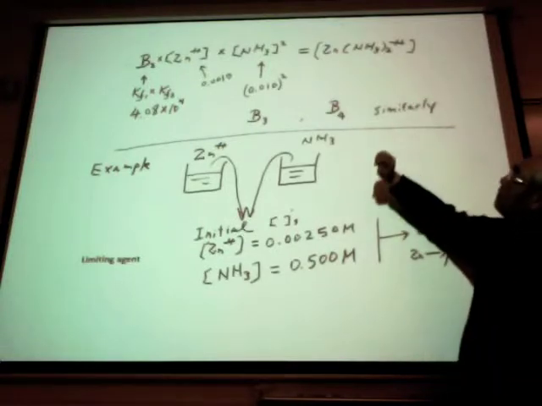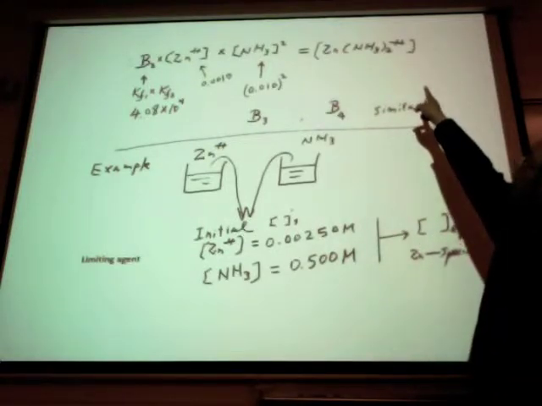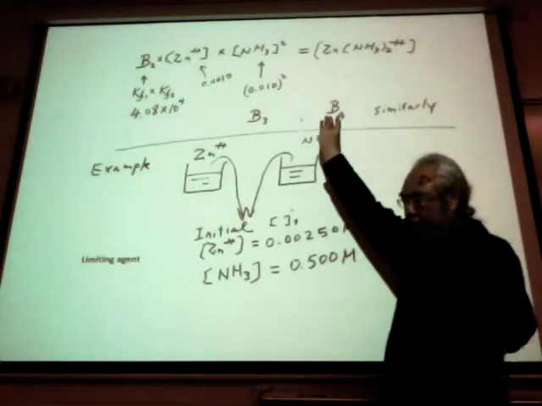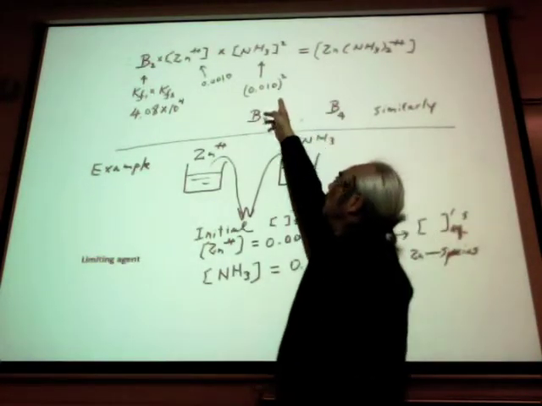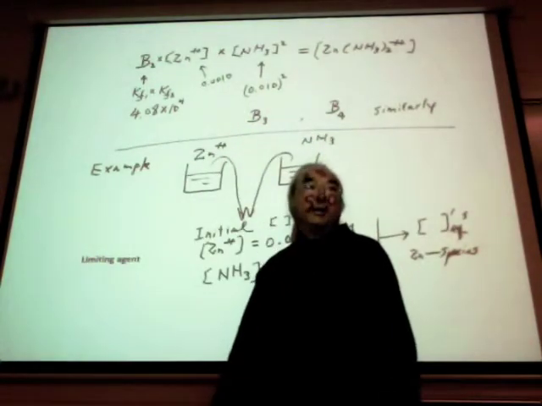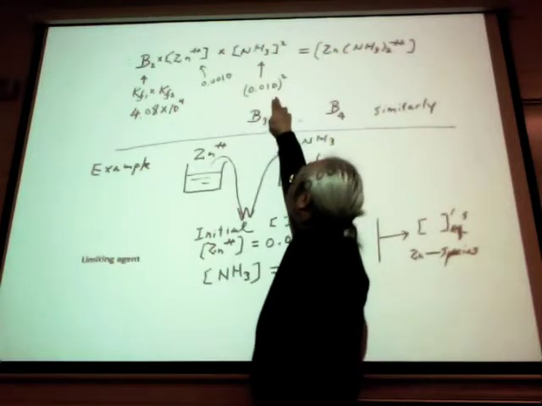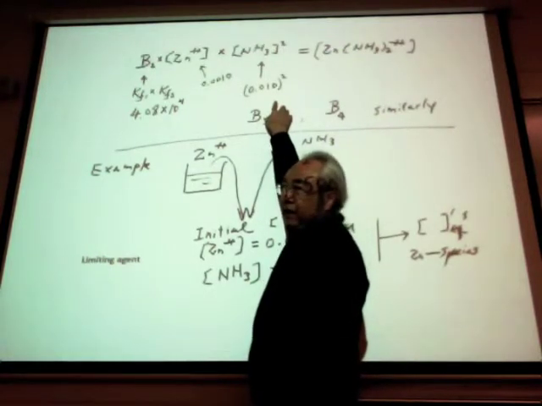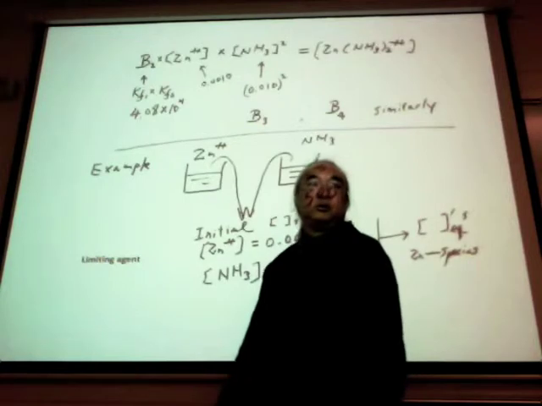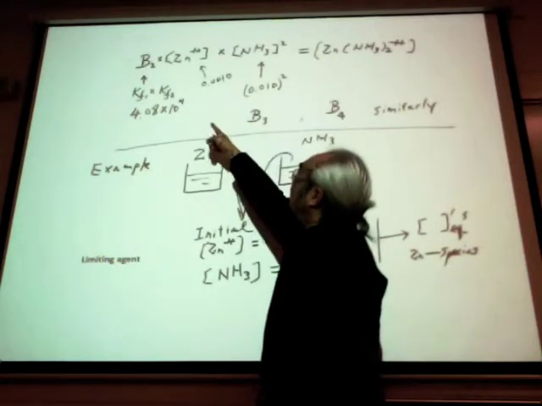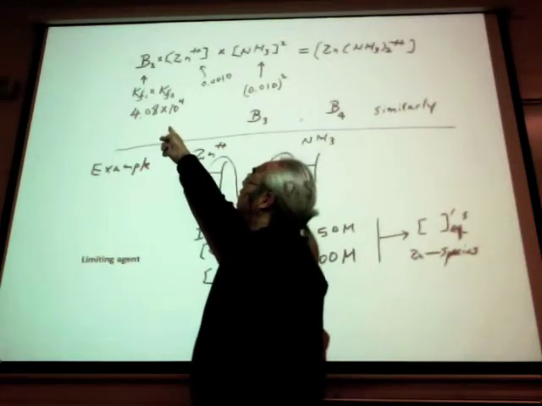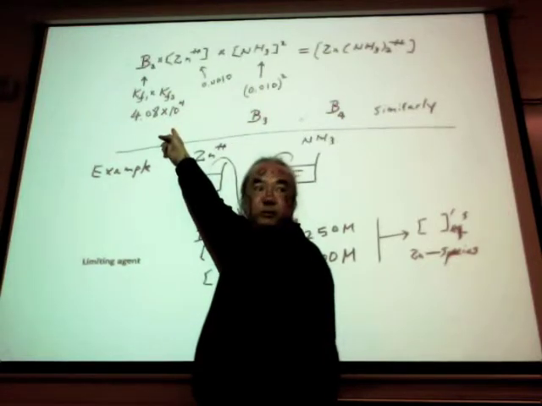So the second complex, right? The ammonia 2 complex, then you do a similar calculation, plugging in the equilibrium concentrations. But be careful, ammonia now is to the power 2. Then beta 2 is equal to Kf1 multiplied by Kf2.